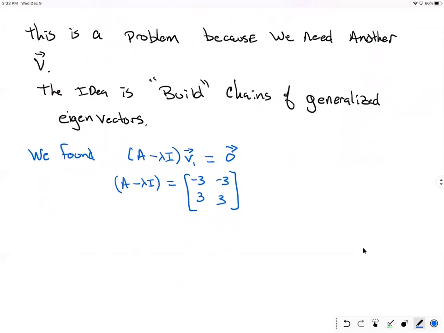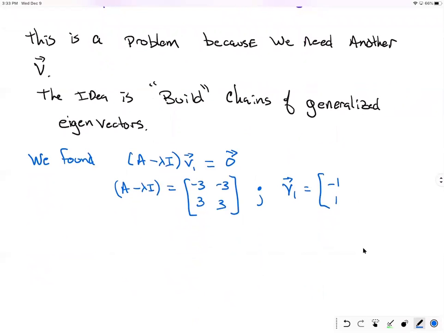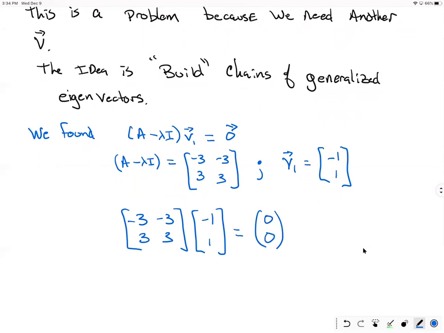If we multiply that by our V1 that we found, which was (-1, 1), we would indeed get (0, 0). We already found that case. That's what the eigenvector does. Remember, it maps to the null space.